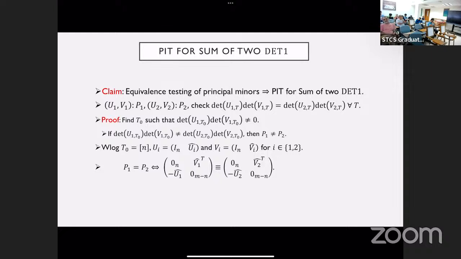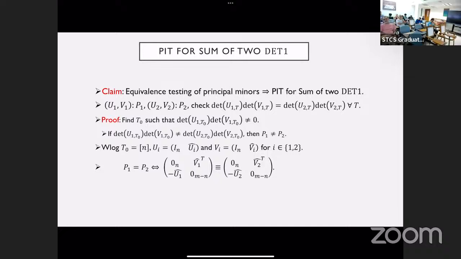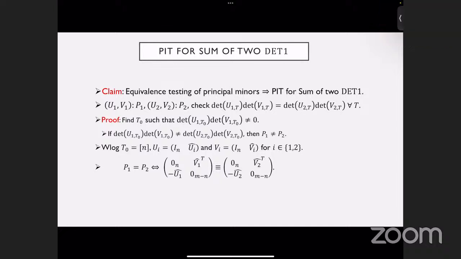You only care about principal minors. Yes. So this is the application of principal minor equivalence testing for PIT for the sum of two polynomials from the det1 class.